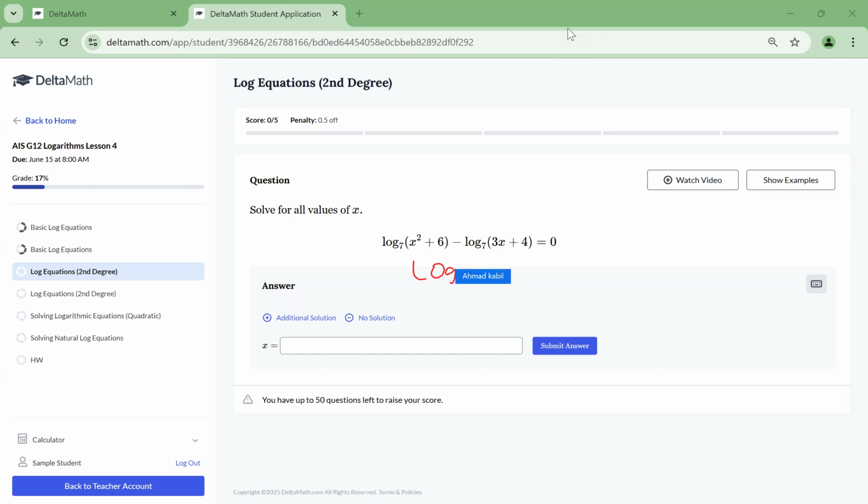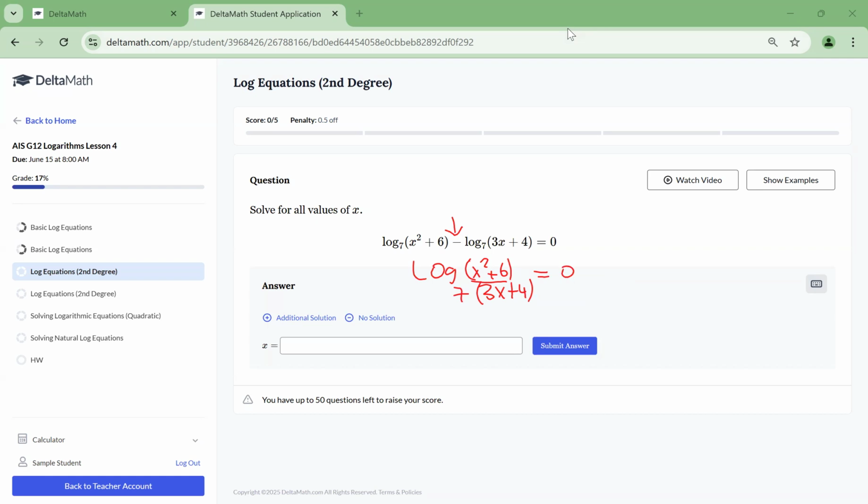So we have log base 7, and then we have x squared plus 6 divided by 3x plus 4, because we have a minus here, and using log laws, this means that we can divide both terms, and this is all equal to 0.